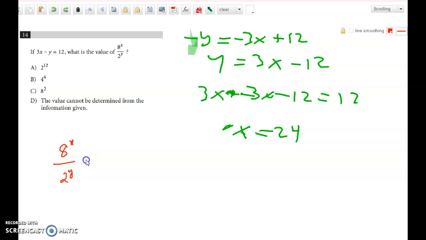These 8 right here, I can write as 2 to the third exponent. Do you agree with that? 2 to the third exponent, which is 2 times 2 times 2, which is 8.